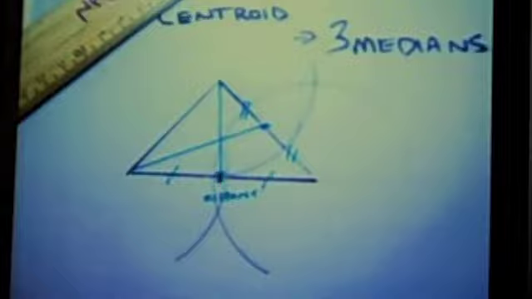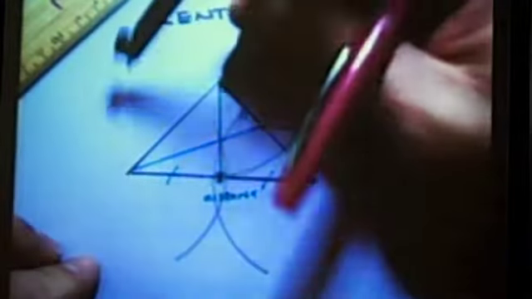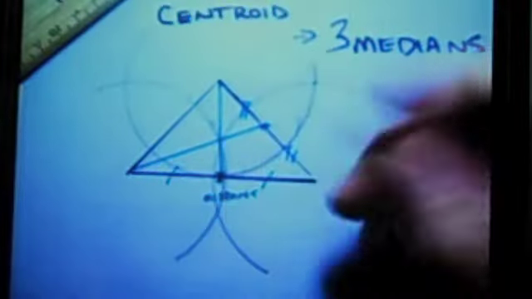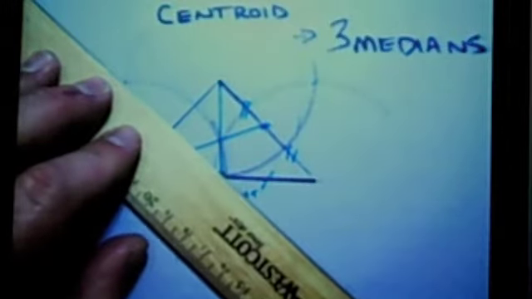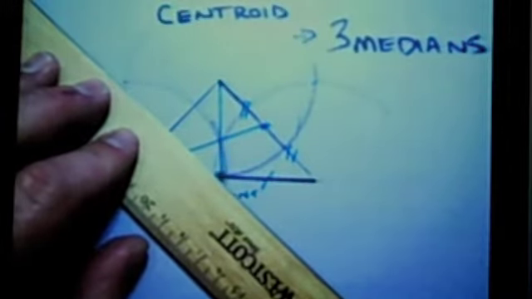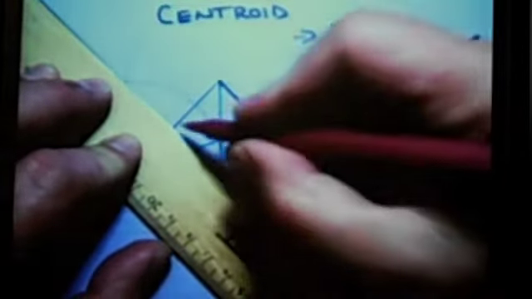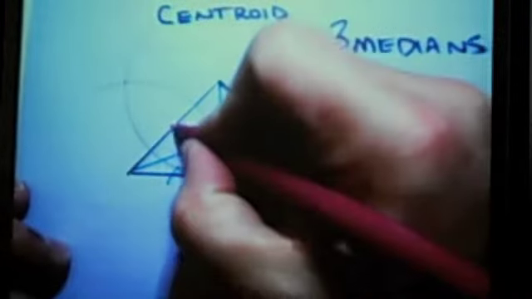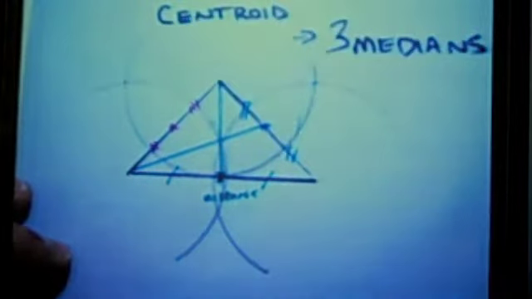Any 2 lines with different slopes will intersect. But now when I do it from the third side, more than halfway, construct my third midpoint, demonstrating that it bisects this side as well.